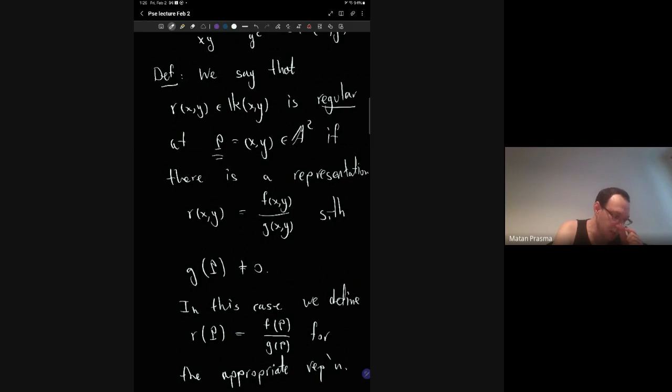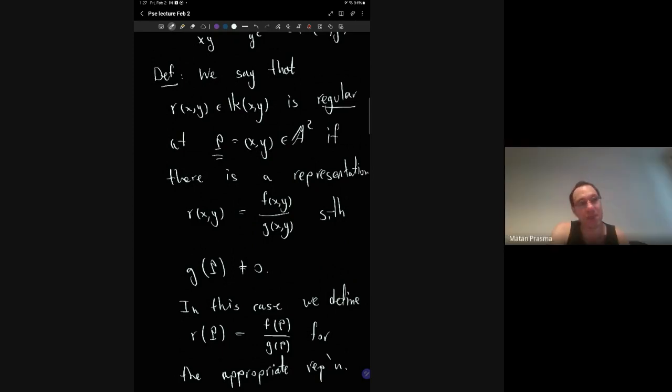Well-defined is a general term in mathematics that refers to cases where you're trying to define something on representatives, but you want to claim that your definition does not depend on the choice of representatives.